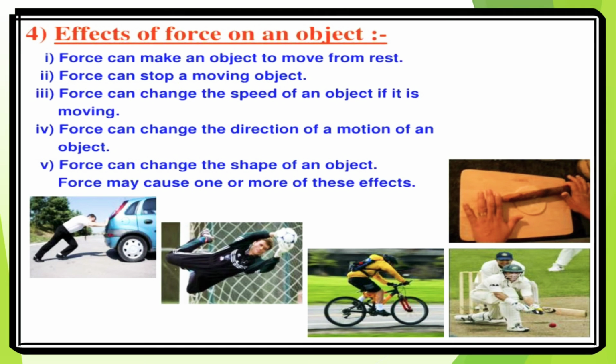Now if you apply force on an object, which type of effect is going to be there? By applying force, either an object can be moved or a moving object can come to rest. If suppose your car is in motion, your car is moving, if you want to stop it, then what are we going to do, students?